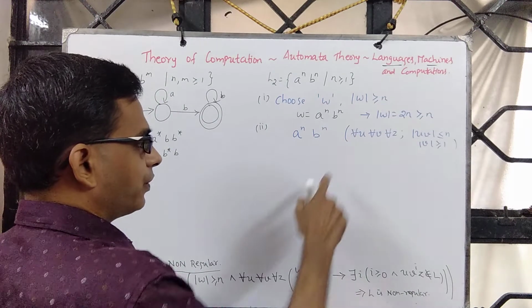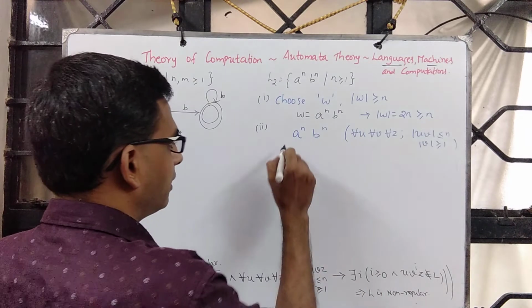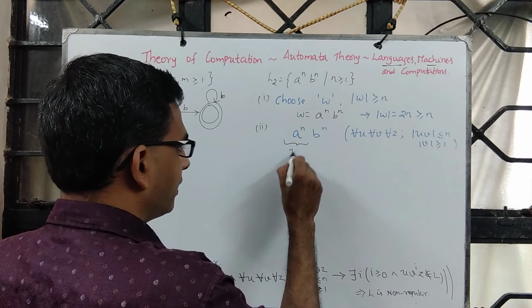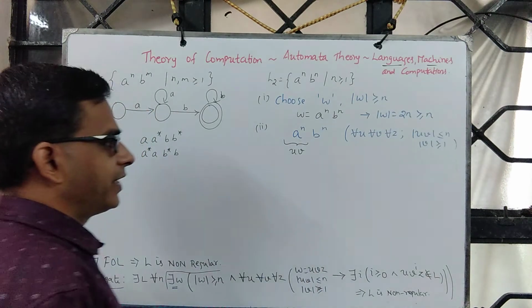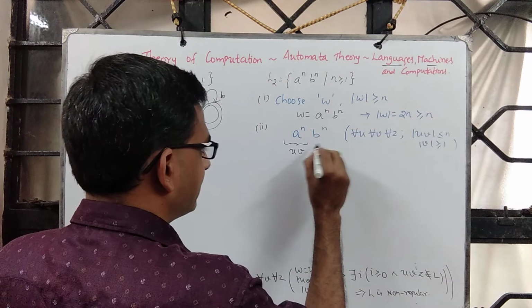So if you look for a decomposition respecting this constraint, it is clear that uv is fully contained in this part and z is the rest of them.